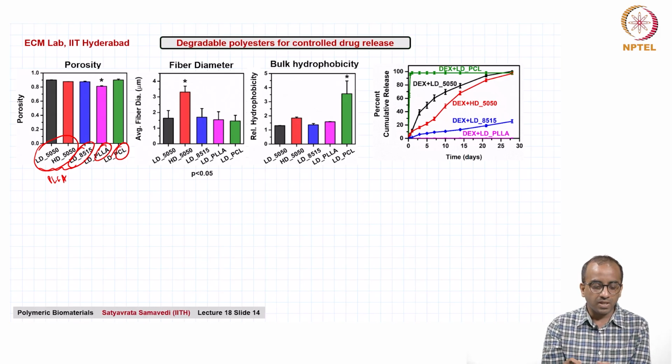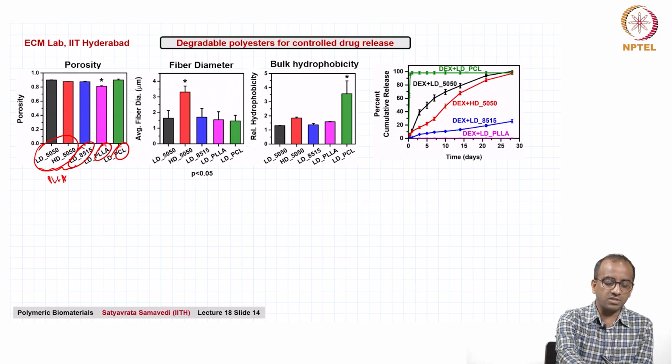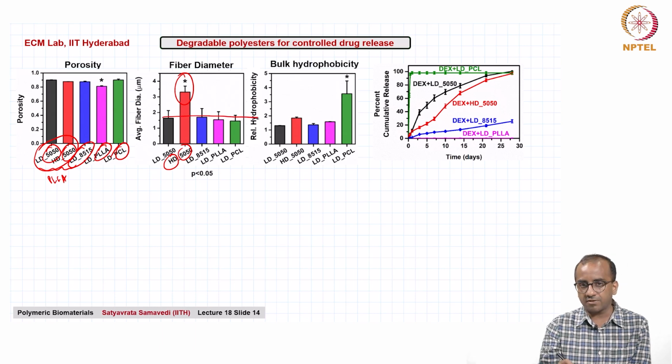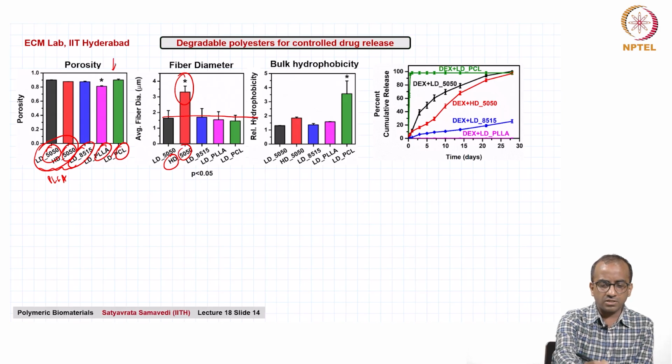And you can quickly see how that will have an effect on release profiles. In addition, what we also did is change the fiber diameter of one of these polymers, which is 50-50. So, you see that the average fiber diameter of the HD, high diameter 50-50, is significantly higher compared to all the others, which are all similar in diameter. You see first that the porosities are all comparable.